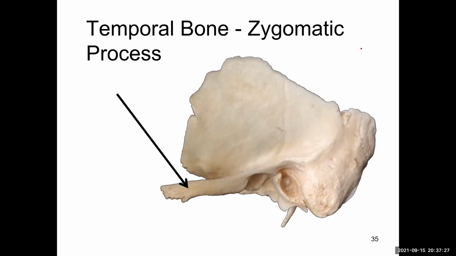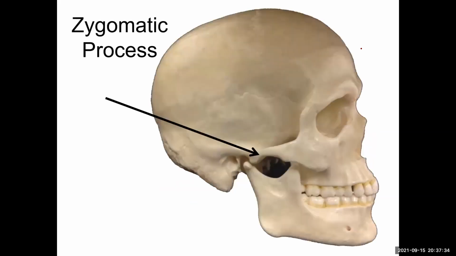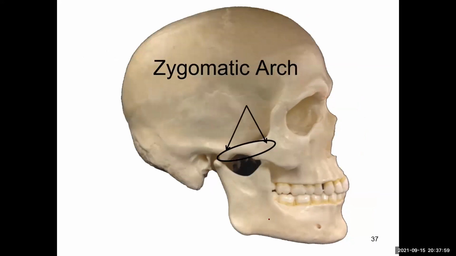So the zygomatic process is named because it articulates with the zygomatic bone. And here you can see where the temporal and the zygomatic bone articulate with one another. So to the left of that line, that's the zygomatic process. To the right of that line that I just drew, that will be the temporal process of the zygomatic bone.